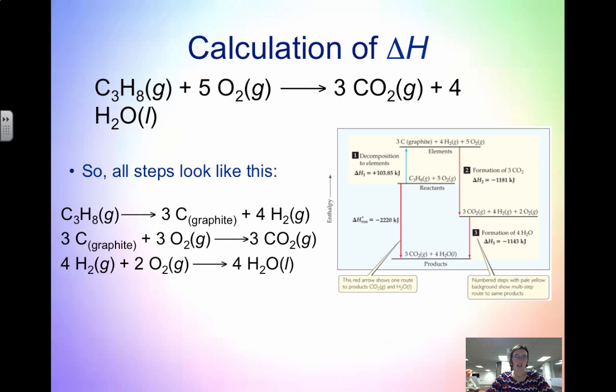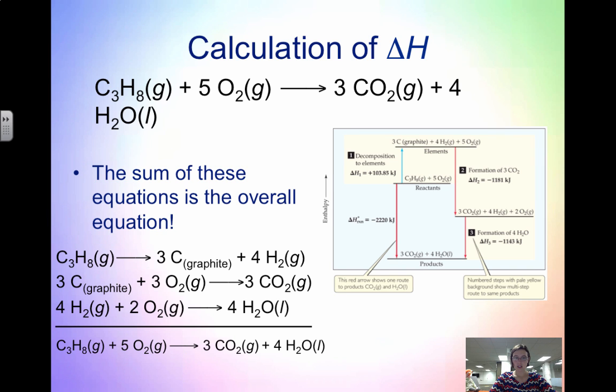So all of the steps together look like this. We've decomposed propane, and then we've formed CO2, and we've formed H2O. And remember I said heat of formation. So these second 2 reactions actually show the heat of formation. Notice though that in terms of the second and third reaction, heat of formation has to be for 1 mole.